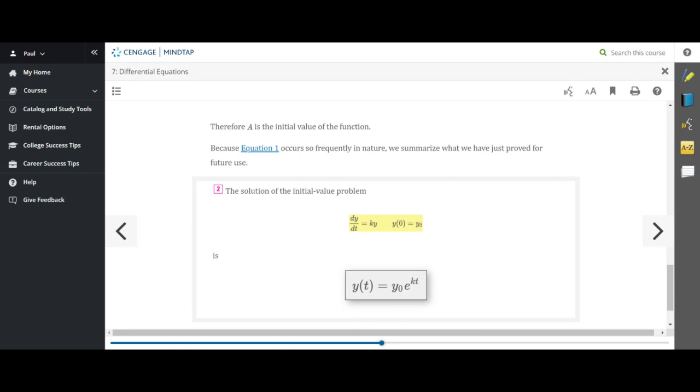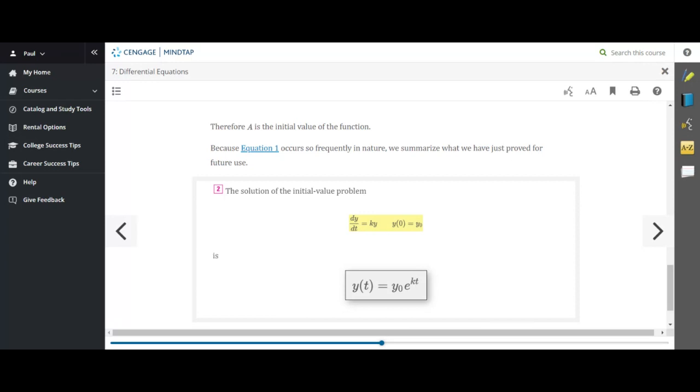Yes, Clea, question? When we do the problems, do we have to derive the equation, or can we just use the equation directly? You can use that formula directly. I would of course be delighted if you wrote down the differential equation and separated the variables, but you'll always get some version of that formula.